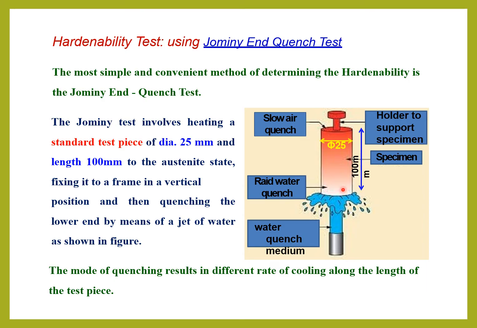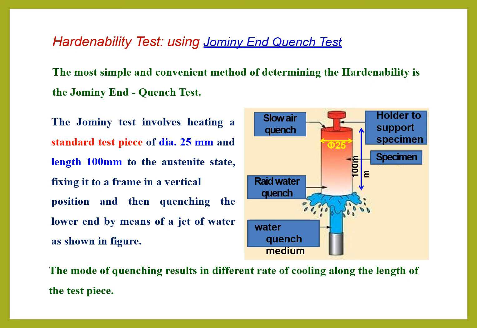Then it slowly cools toward the other end, which takes some time. After cooling, we can take this specimen at 0.6 mm or 1.2 mm distances and find the hardness value using Rockwell hardness or Brinell hardness. You can measure the hardness value.